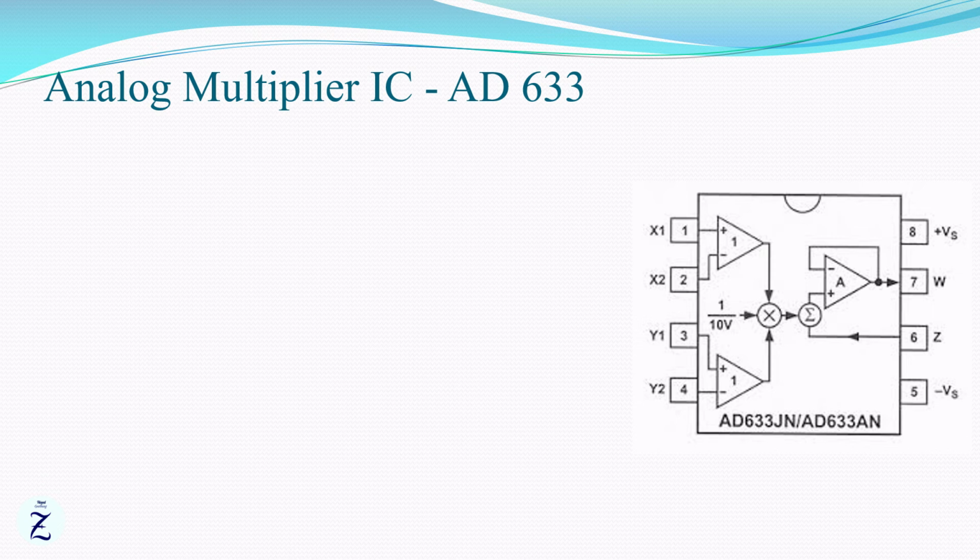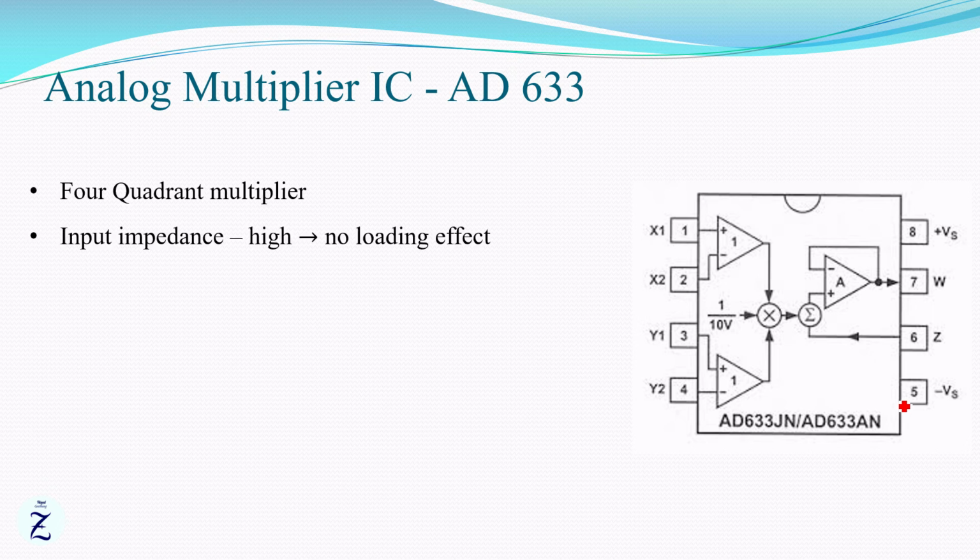Let us look at the characteristics of the multiplier IC. This multiplier IC can be used as a 4-quadrant multiplier. It has high input impedance, therefore the loading effect on the source is negligible.